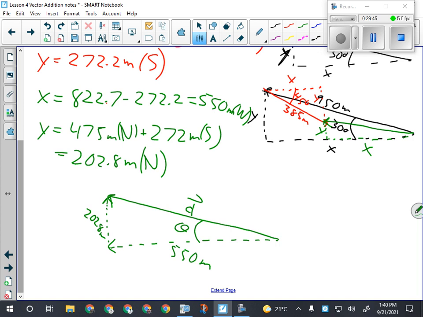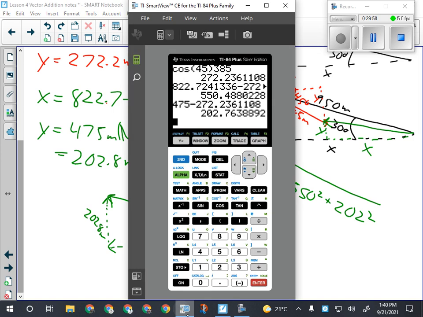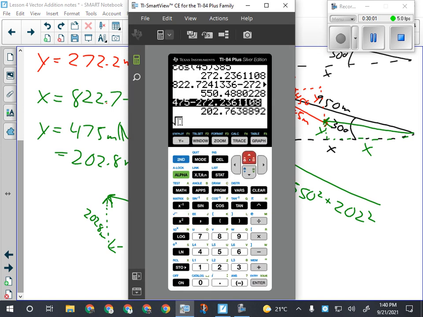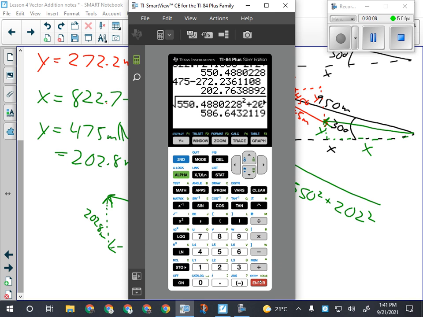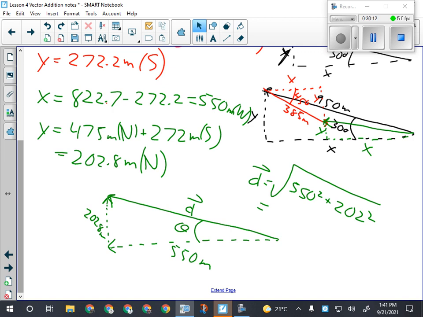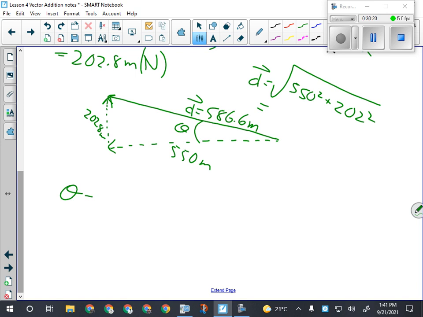Now I calculate d using the Pythagorean theorem. So 550 squared plus 202 squared. My overall d is 586.6 meters, and then I've got to calculate theta. That's the same regardless of which method I'm using.